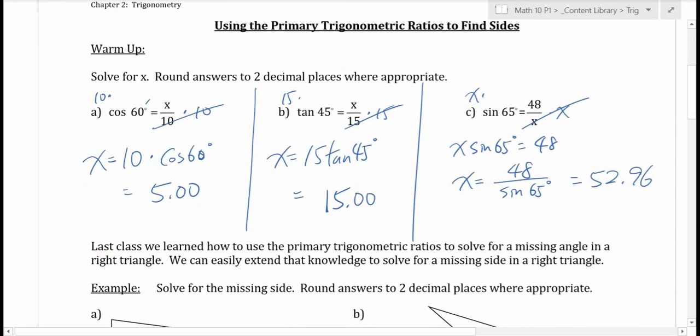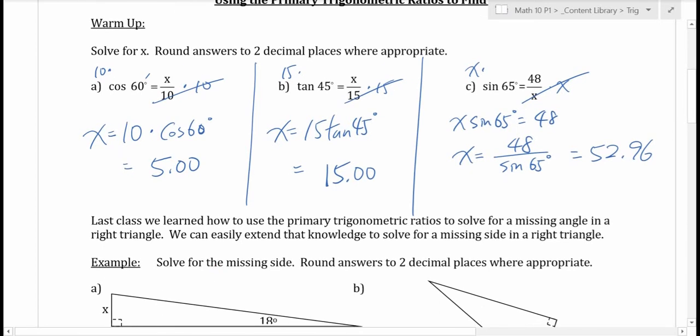So that's how you solve for x if it's set up that way. And clearly that's what we're doing today. Last lesson, we learned how to use the primary trig ratios to solve for a missing angle in a right triangle. We can easily extend that knowledge to solve for a missing side in a right triangle. Notice how this is simply the opposite side over the hypotenuse.